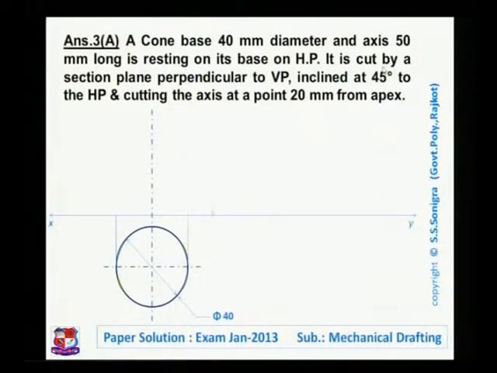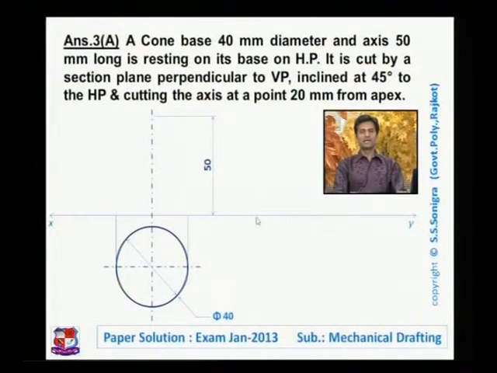Height is given as 50 mm. So from the XY line, mark a point at a distance of 50 mm on this side somewhere here. So this is the point at a distance of 50 mm from this XY line, and that would be the apex point of the given cone.